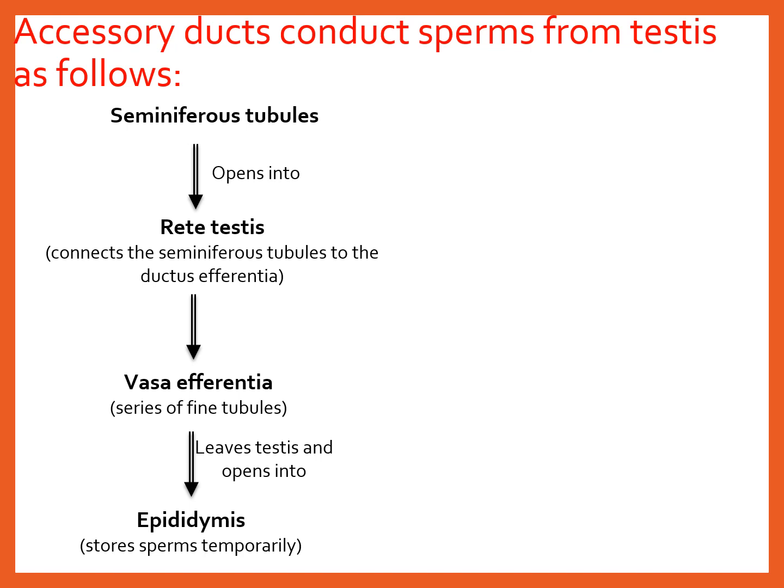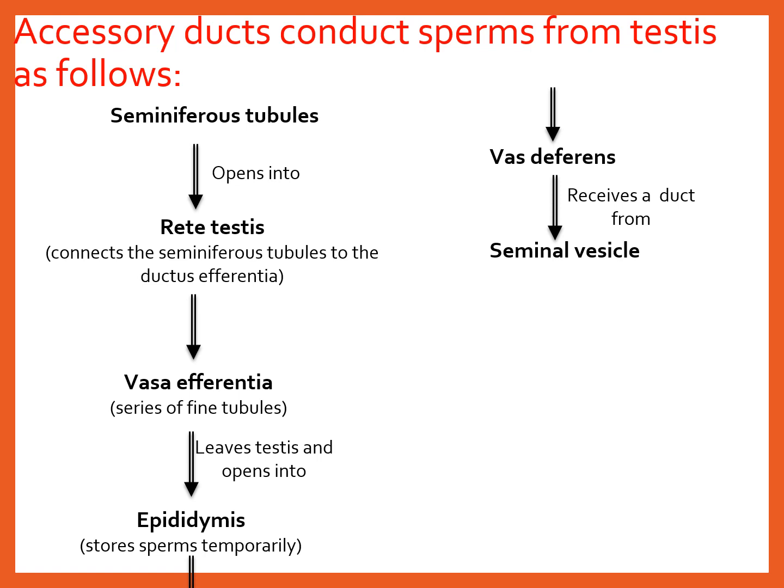where the epididymis stores the sperms temporarily, and then they are transported via the vas deferens to the common ejaculatory duct. And this vas deferens receives a duct from the seminal vesicles, and then it opens up as the common ejaculatory duct.